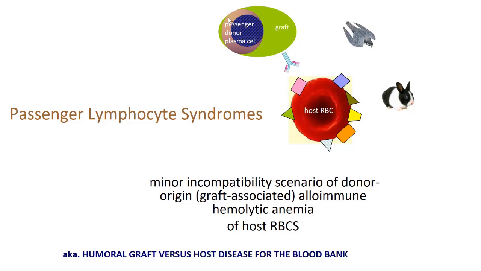The power to secrete anti-D is going to be stimulated and selected for on entry in a recipient body that is coursing with RHD positive erythrocytes. This is a minor incompatibility scenario of donor origin, of graft-associated alloimmune hemolytic anemia of host red cells, a humoral graft versus host disease for the blood bank to pick up.